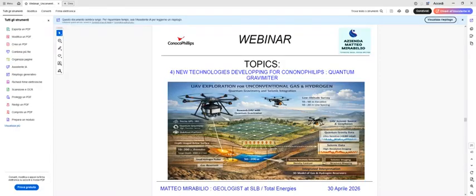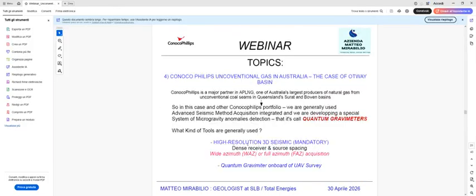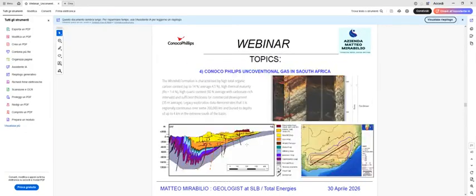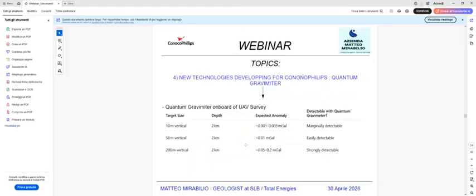The new technology represented by the quantum gravitors can be mounted also on a drone or small copter, and in the depth image below surface we have an anomalous target at, for example, 2 kilometers, just tested in the Wet Hill formation.